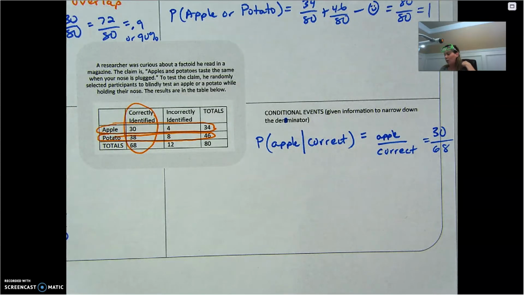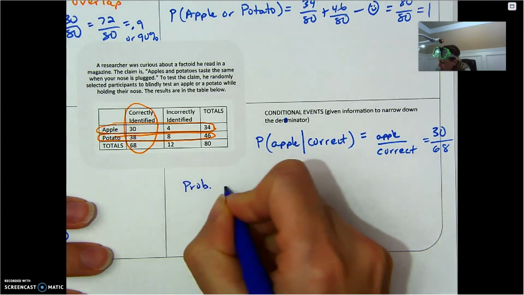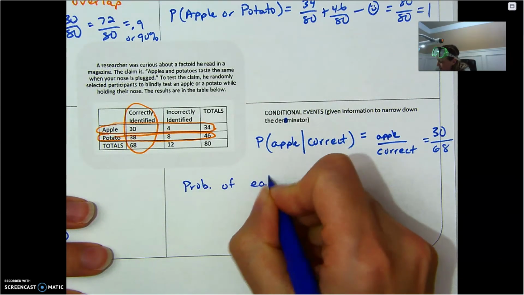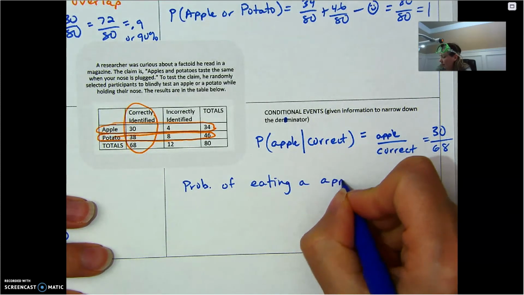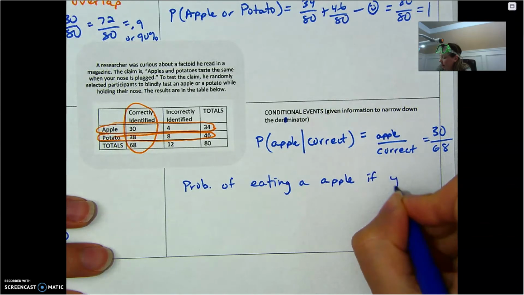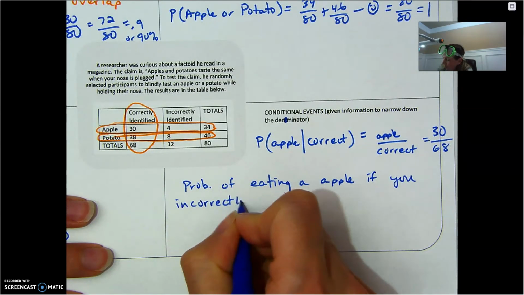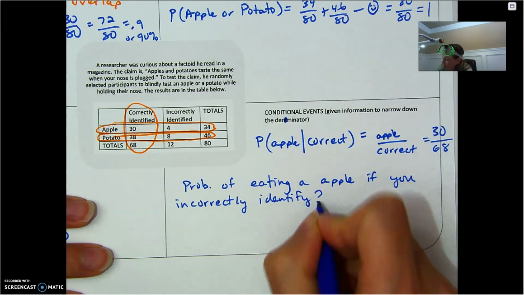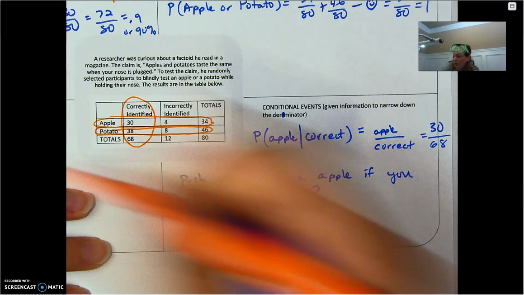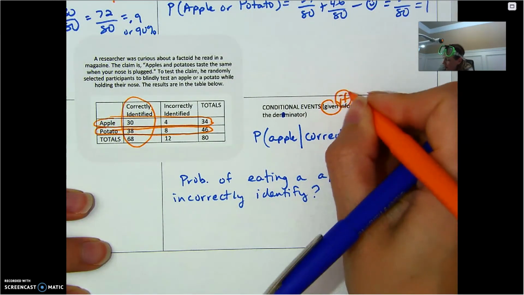Let me give you another one with words instead of symbols. What is the probability of eating an apple if you incorrectly identify? Alrighty, so the given piece that we're going to focus on, because if is another keyword that you might see.